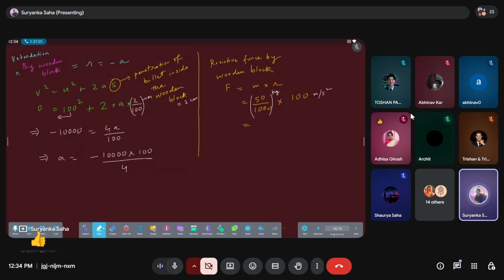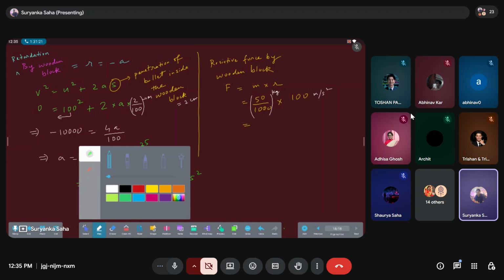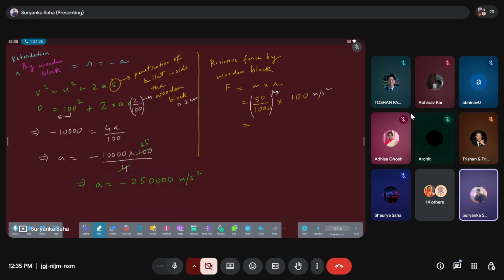So 4 cancels, 4 into 25. So the value of acceleration is minus 250000. Understood?